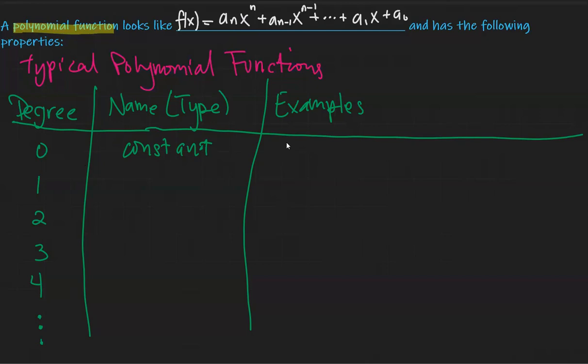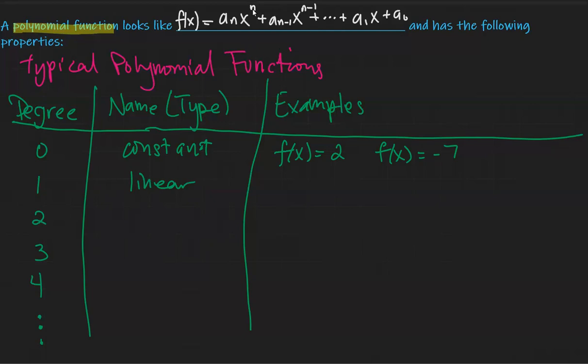And that's because with constant functions, if the highest exponent is 0, that means we just have numbers. So f of x is equal to 2. F of x is equal to -7, right? These all look like horizontal lines when you graph them. All right, degree 1, you're familiar with that. That's a linear function, right?